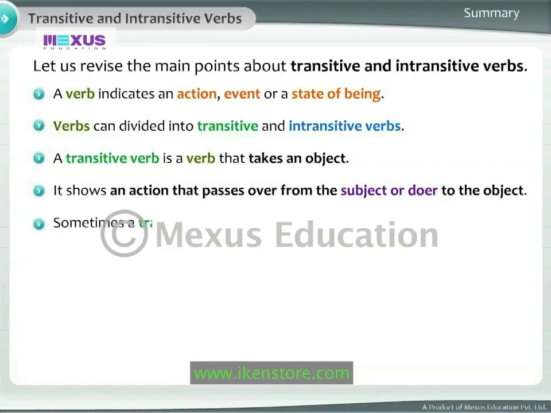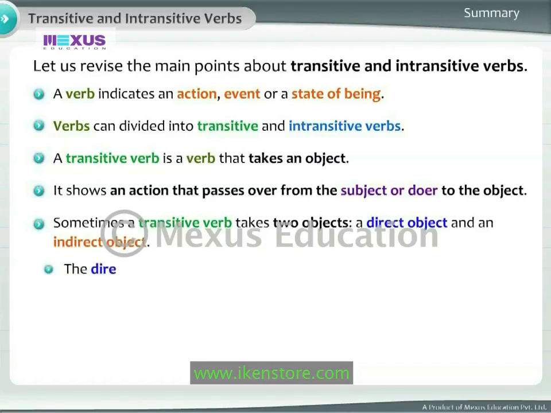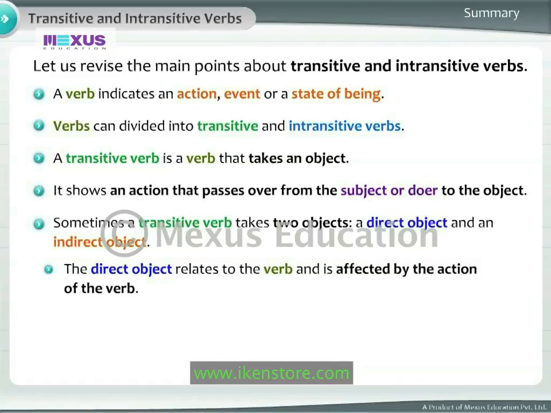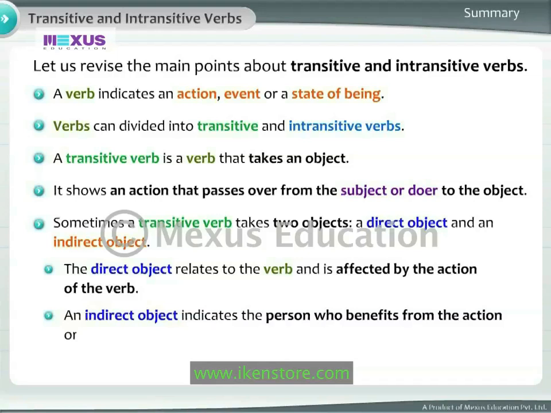Sometimes a transitive verb takes two objects, a direct object and an indirect object. The direct object relates to the verb and is affected by the action of the verb. An indirect object indicates the person who benefits from the action or receives something as a result.